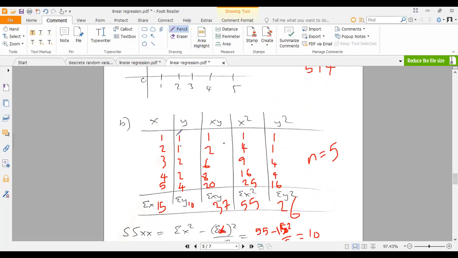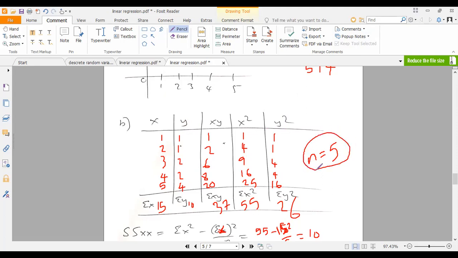Then x squared: we square these, 1, 4, 9, 16, and 25. Then we square the y values, 1, 1, 4, 4, 16. When we total this, we get 26. And n is the number of pairs we have, which is 5.